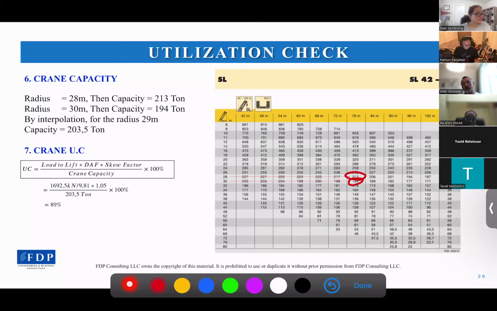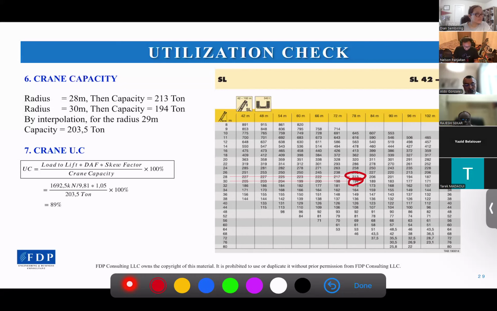It's the load to lift times dynamic factor times skew factor, divided by crane capacity, times 100%. But we don't have a skew factor here, so we can take it out from the calculation.